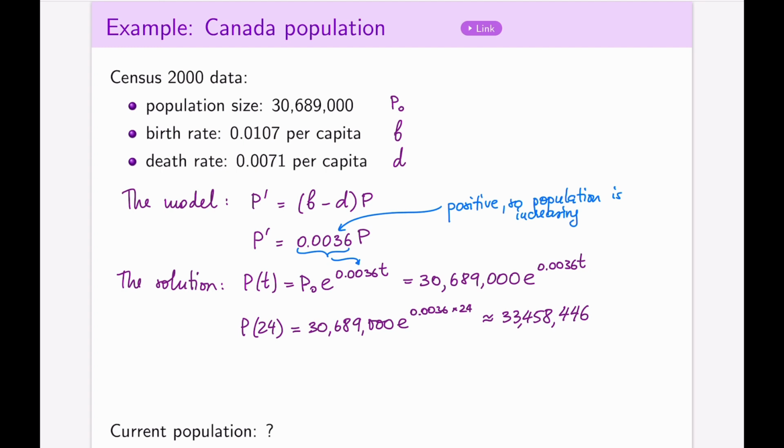Now, of course, this is not going to be exact, and we don't expect it to be very close even to the reality, because 2024 is quite the ways away from 2000. And the further away we move from the initial point where we set up the model, the more inaccurate the model becomes. But just how inaccurate?